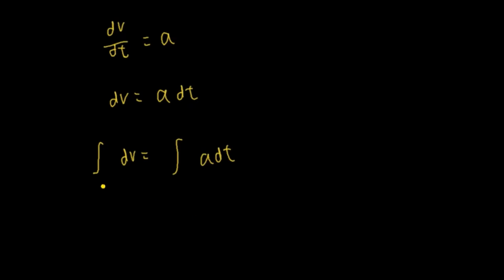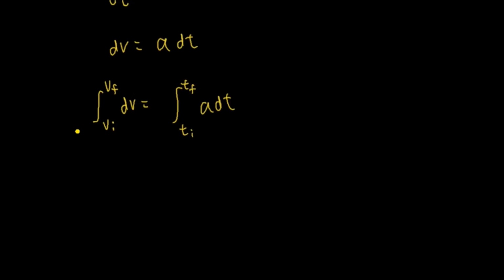Now, what would be the lower limit and upper limit for these integrals here? On this side, it is velocity. So of course, I have to integrate from initial velocity to final velocity. And on this side, we're integrating dt, so it's time. That means the limits of integration must be from time initial to time final.